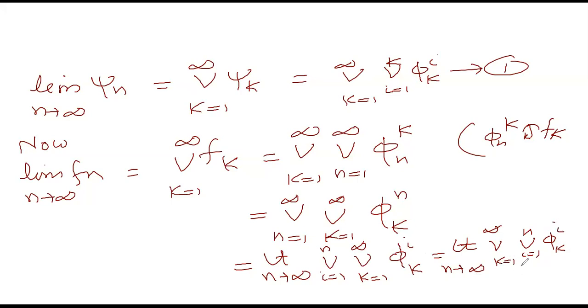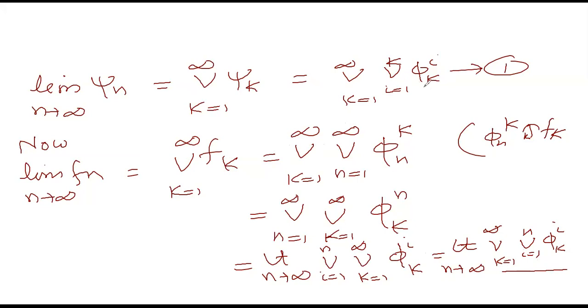Now this one, what's this? First here we have k runs from 1 to infinity, i runs from 1 to k, phi ki.